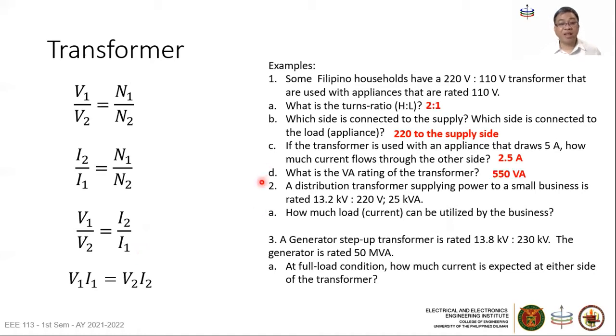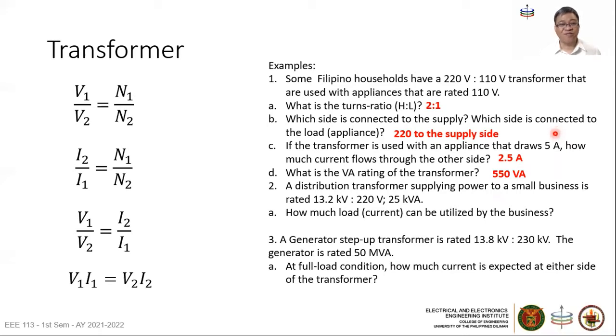What's the volt ampere rating of the transformer? We can solve it two ways. We can solve this on the high side, which is 220 volts times 2.5 amperes. That's 550 volt amperes. Or we can compute it on the low side: 110 volts times, sorry, times 5 amperes.